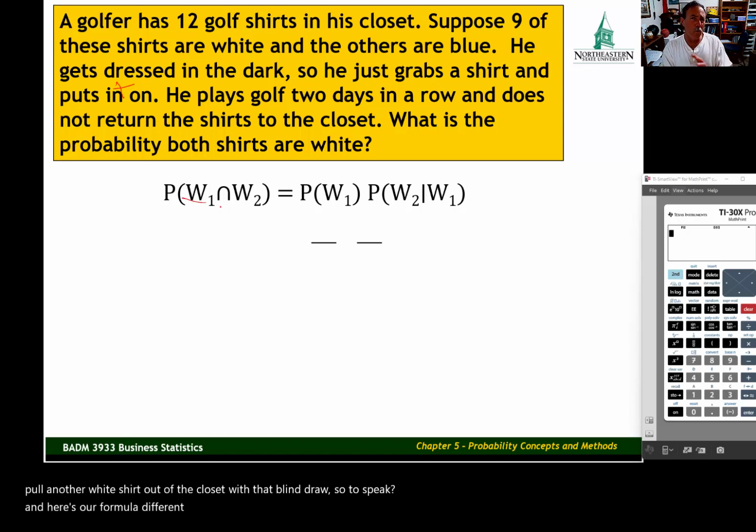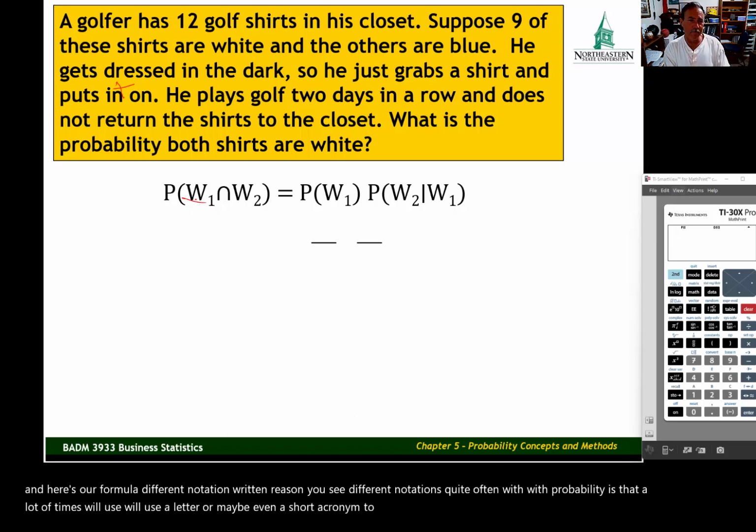And the reason you see different notations quite often with probability is that a lot of times we'll use a letter or maybe even a short acronym to represent the focus variables or the focus events we're working with. This is the probability of white shirt 1 and white shirt 2 occurring sequentially.